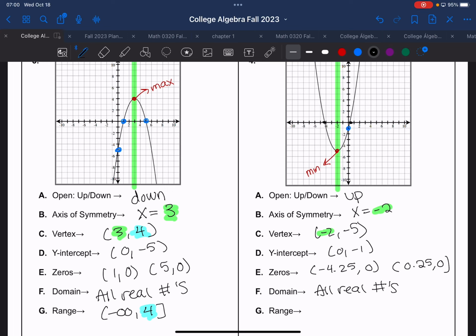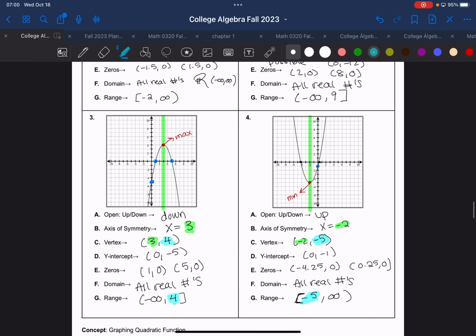Good, -5, because of, let me write this here, -5 with a bracket to +∞. And that -5 came from the y value of the vertex. Okay, so that's how we define each of these parts by looking at a graph.